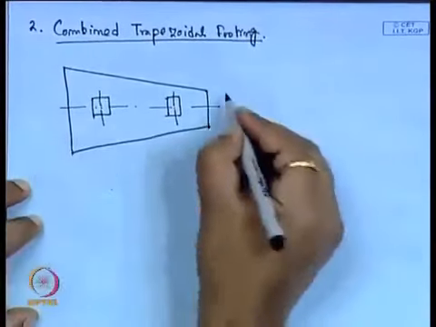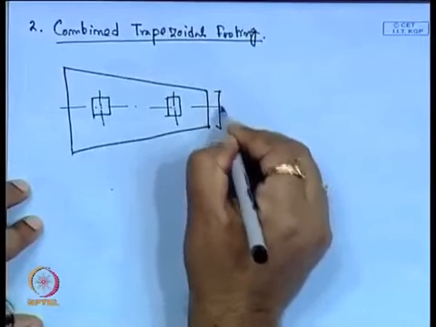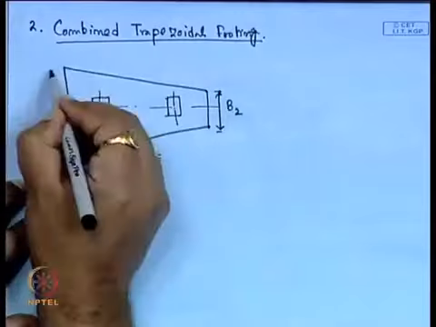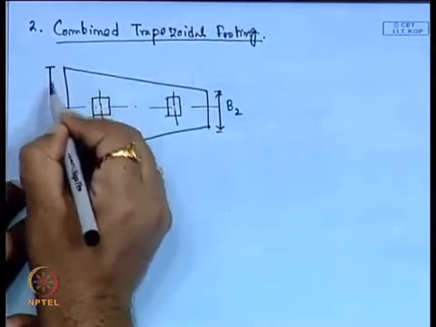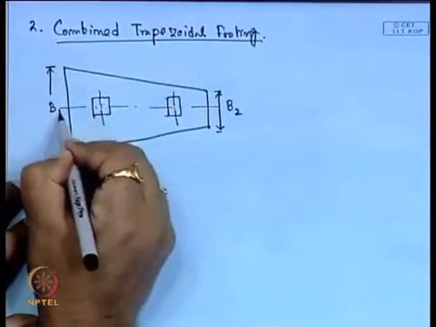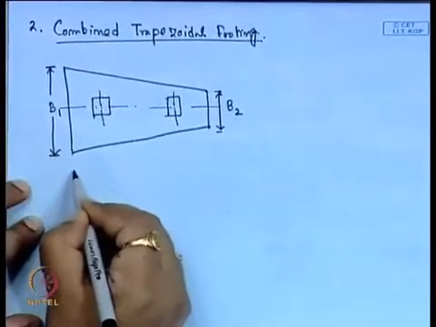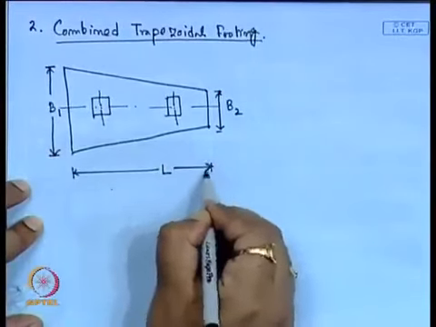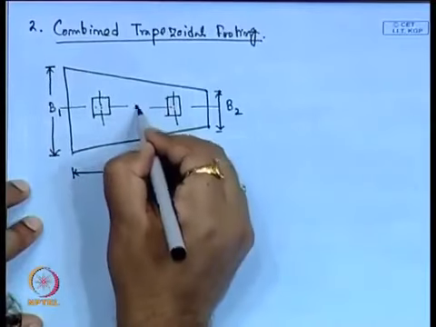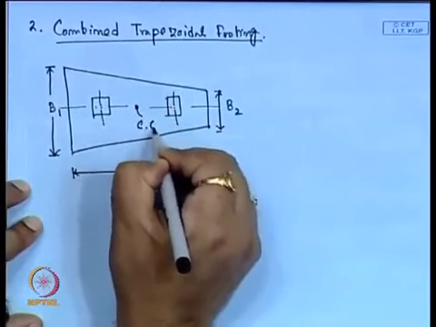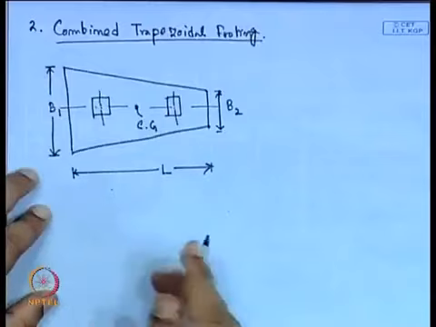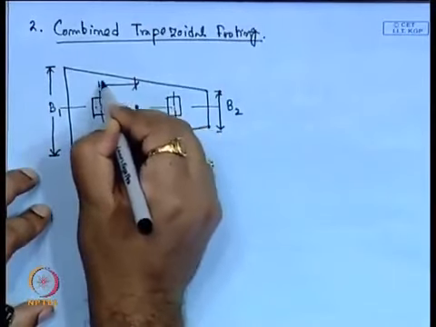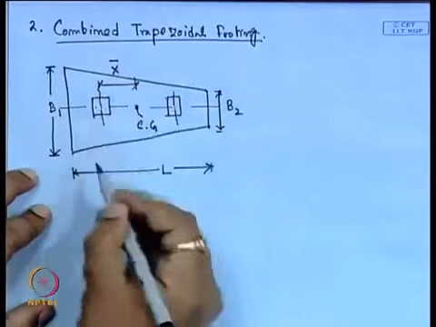This side dimension is B2 and this side is B1, the total length is capital L, and this is the CG of the trapezoidal footing, and the CG to first column distance is x bar.